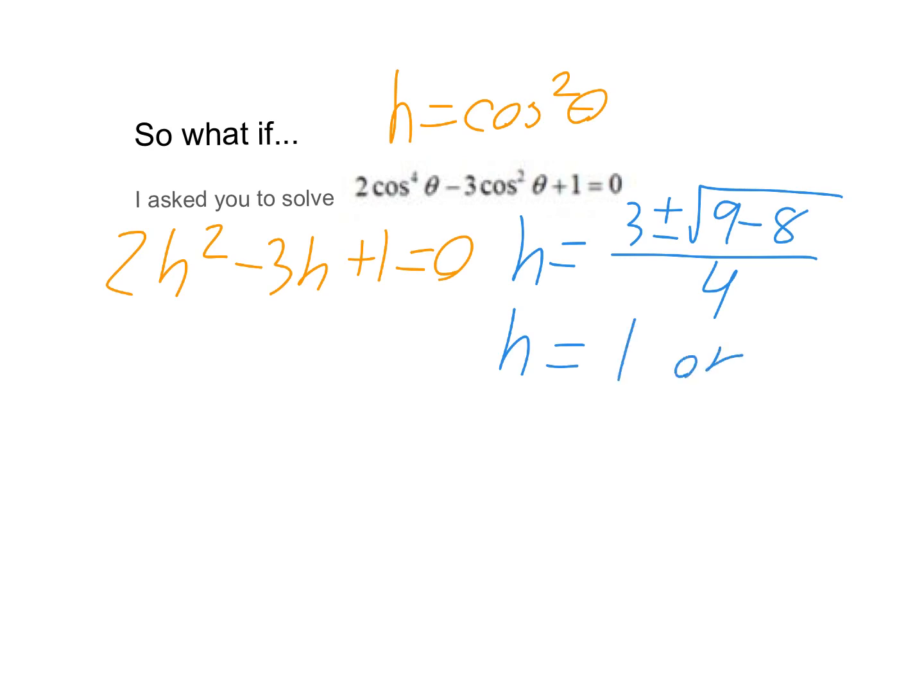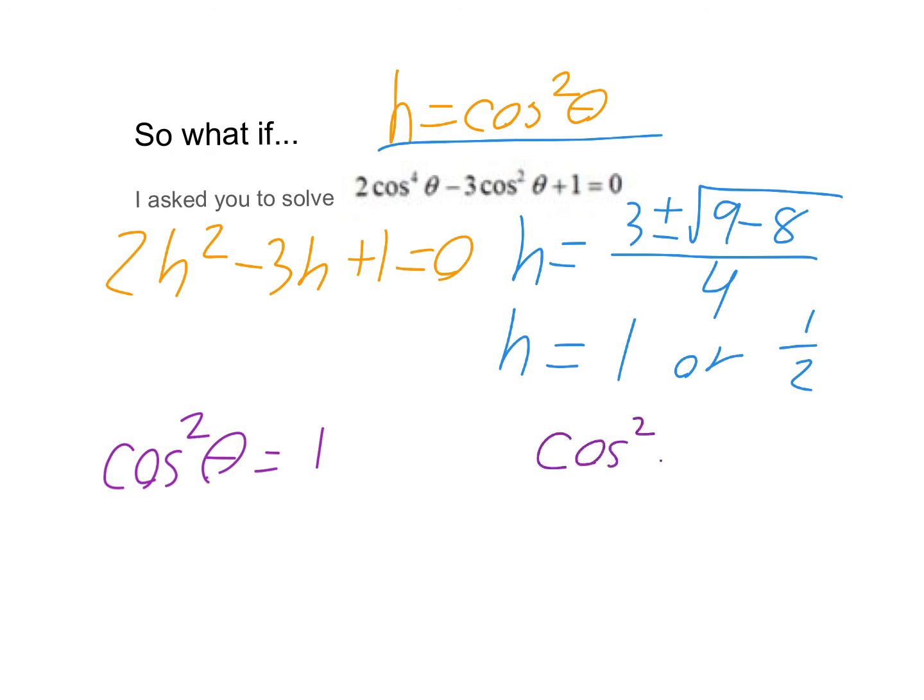1 or 1/2. And since h is now cosine squared of theta, we're going to substitute that back in, such that I have cosine squared of theta equals 1, or cosine squared of theta equals 1/2.